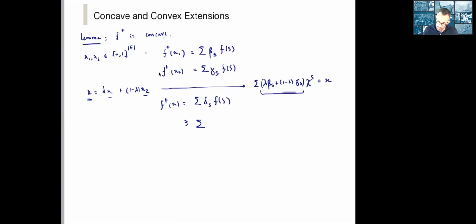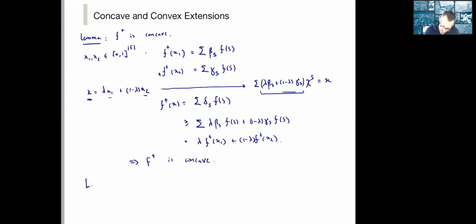But since delta s is the maximizer, I have this inequality, and I can write that this is equal to lambda beta s f of s plus 1 minus lambda gamma s f of s. And of course, this is exactly equal to lambda f plus of x1 plus 1 minus lambda f plus of x2. And we've just proved that f plus is concave, which is what we wanted to show.